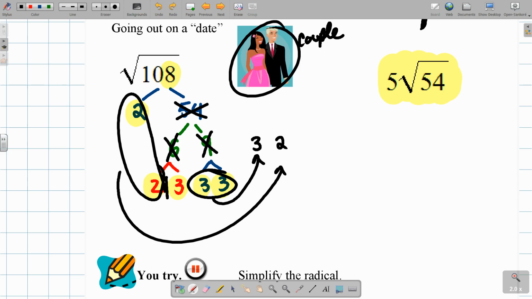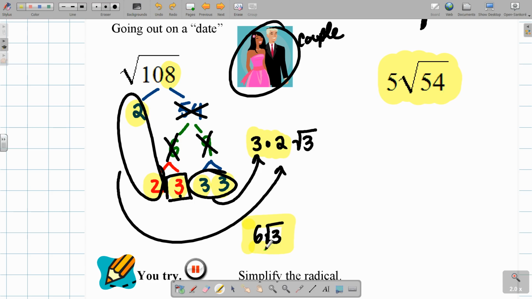I'd like you to box this 3. That 3 has no date among the prime numbers. Stays home, orders Chinese. Your final answer. These guys out here multiply. So root 108 simplifies to 6 root 3.